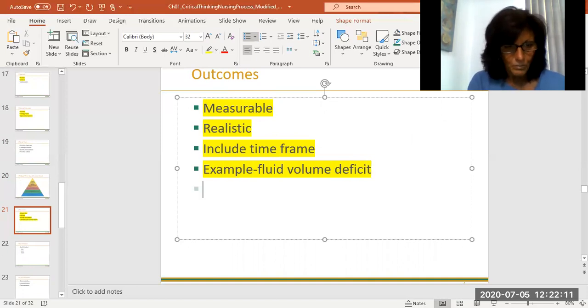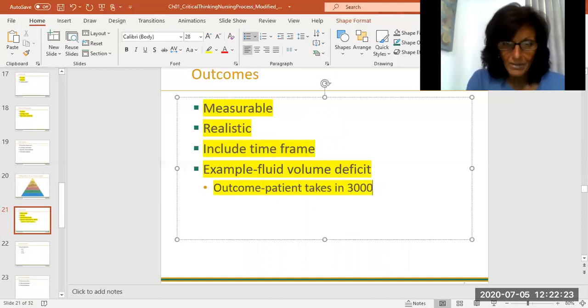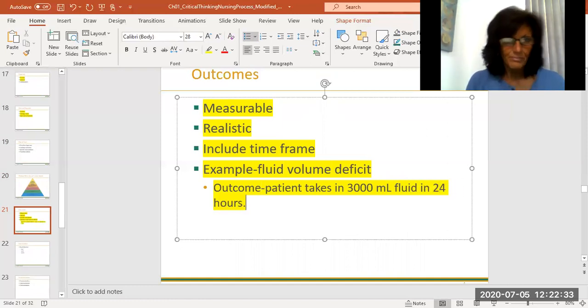An outcome would be patient takes in 3,000 milliliters of fluid in 24 hours. Okay?